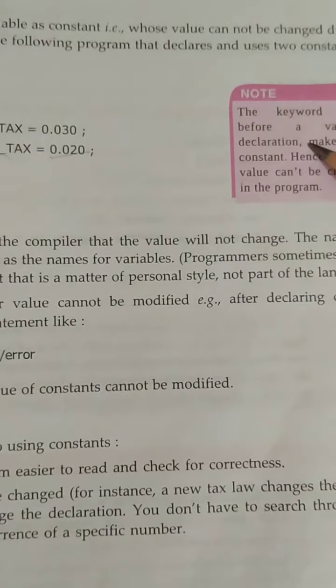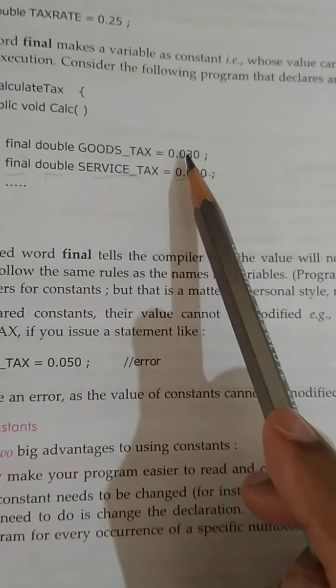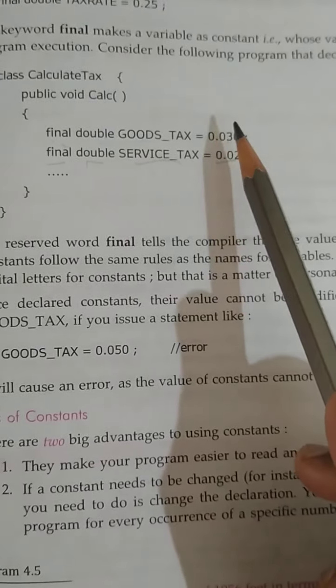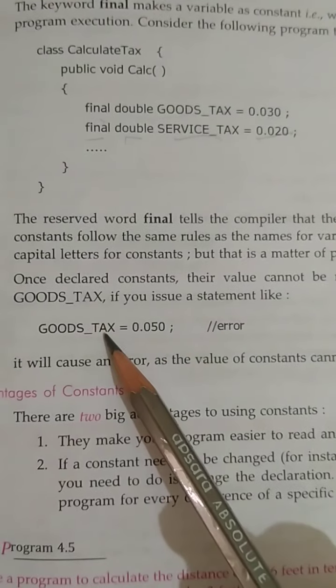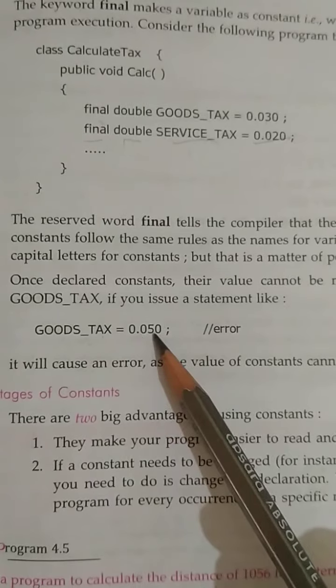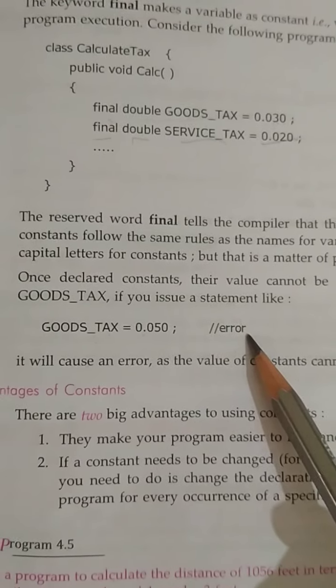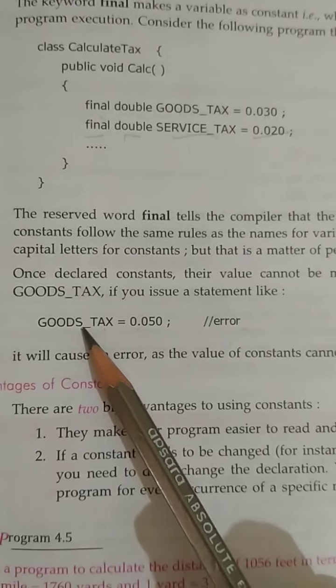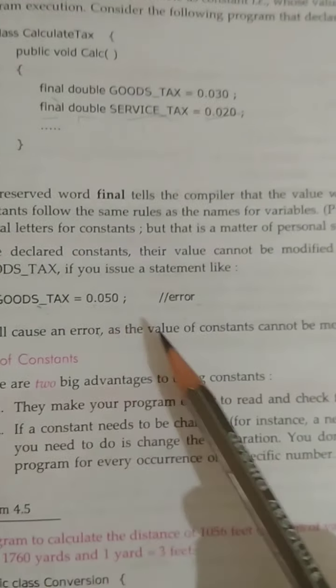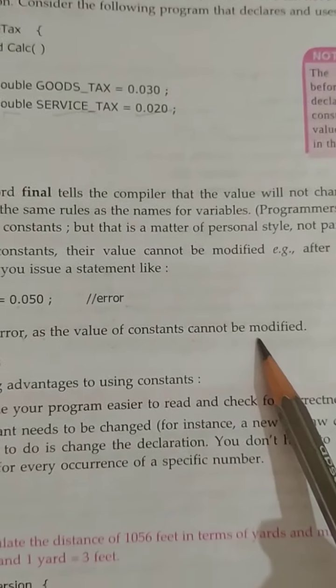You have to learn this box. Its value is 0.030. It will be constant throughout the program, and when they try to change goodsTax to 0.050, it will show an error because goodsTax is made a constant by using the keyword. It will cause an error as the value of constants cannot be modified.